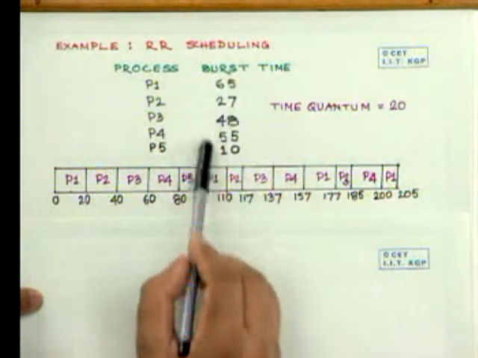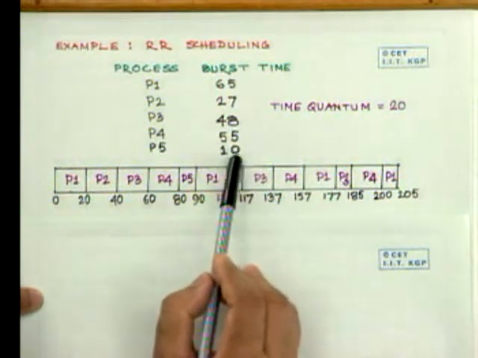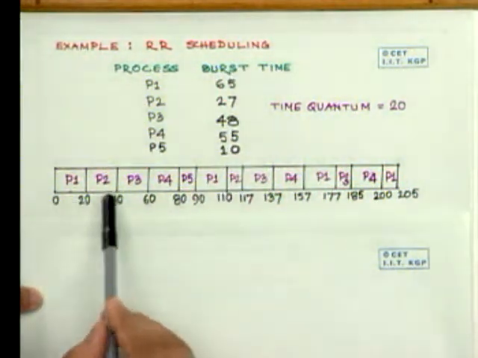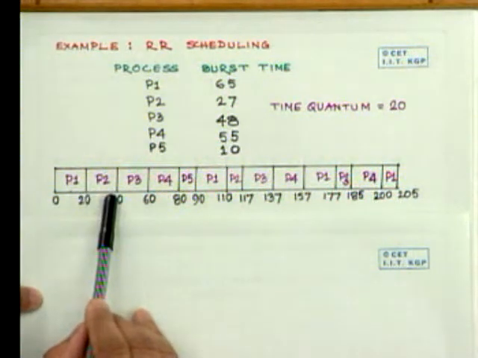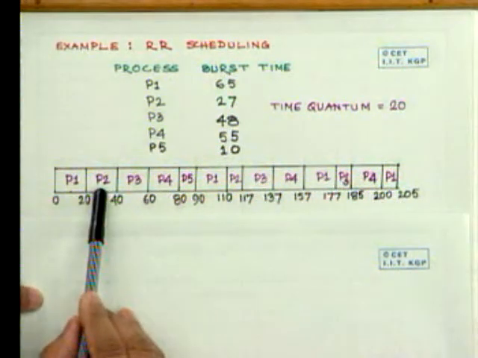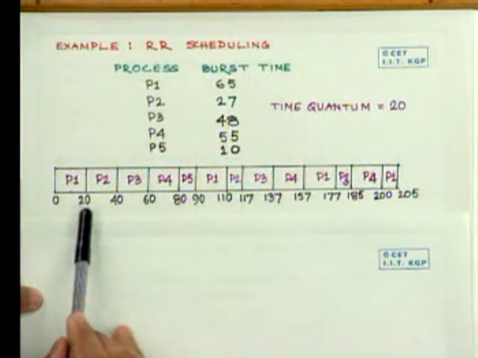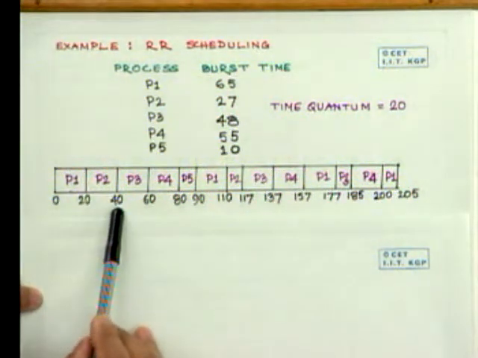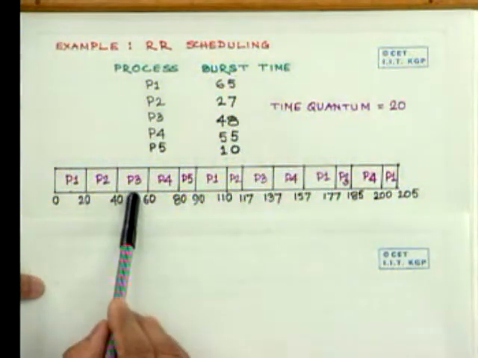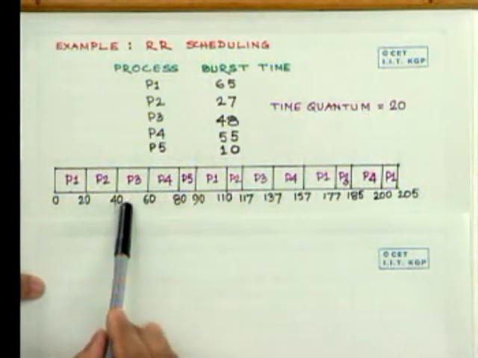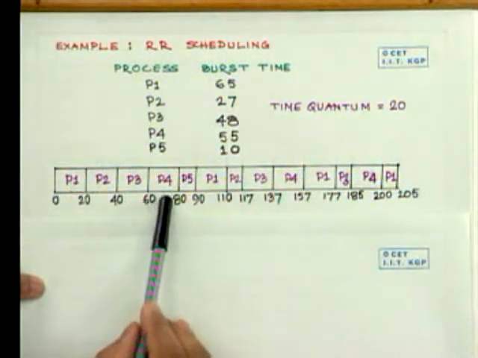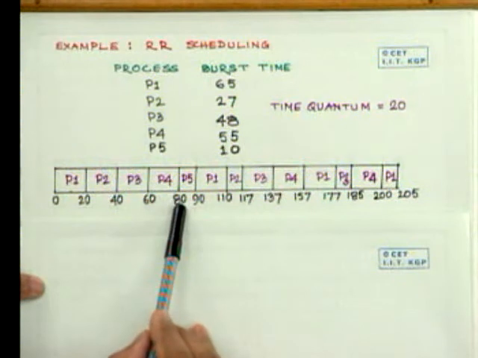They are contending at more or less the same time. Then P2 gets the CPU and is taken out at 40 milliseconds, and P3 is given the CPU. Then P3 is executed up to 60, then P4 is executed, and then P5.